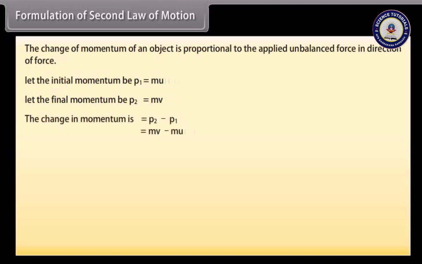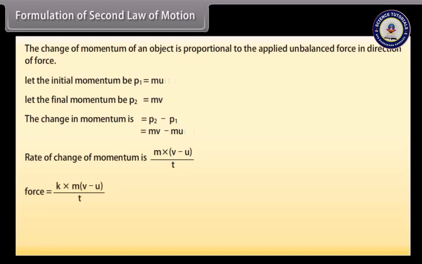The change in momentum is P2 minus P1, which equals mv minus mu. The rate of change of momentum is m into v minus u whole upon t. Force is equal to k into m into v minus u whole upon t. Force is equal to kma, where k is the proportionality constant.